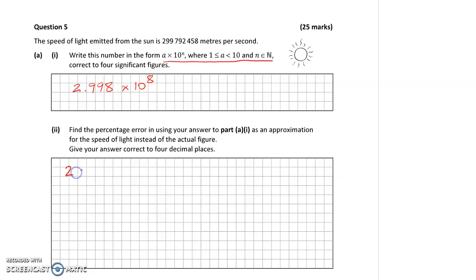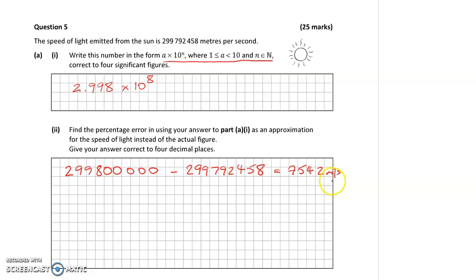So if we consider the number we actually rounded to, which was that, and if we subtract the actual value, we end up with an error that is 7,542 meters per second.